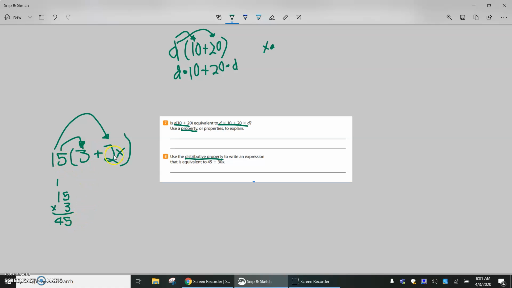And then we have 15 times 2x. I should have probably put the 2x on the bottom. Let's go ahead and do that because that's confusing otherwise.